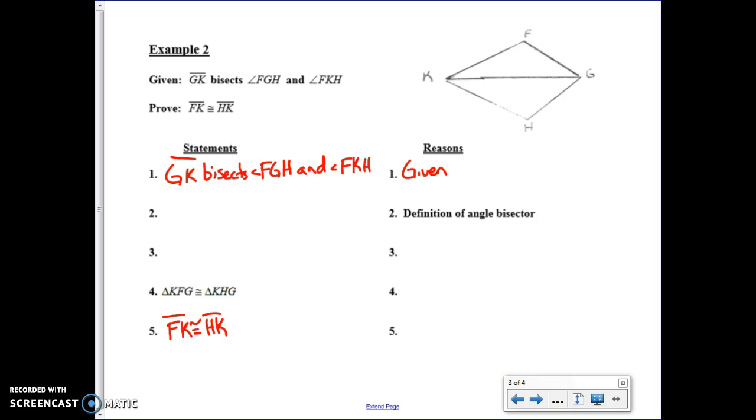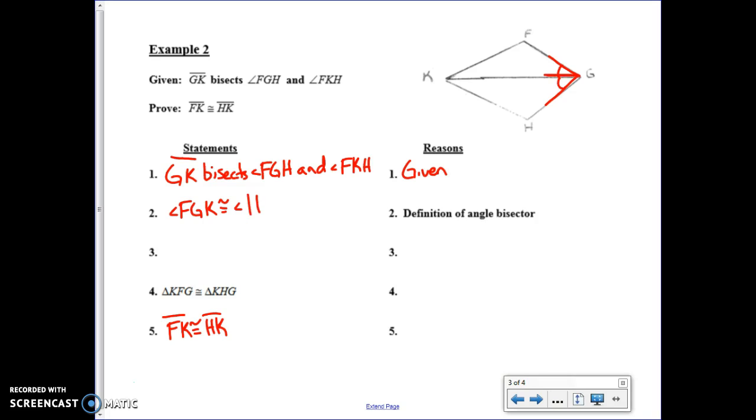So notice FGH is over here on the right-hand side of your triangle. Then these two angles, by definition, should be congruent to each other. So if I label those angles, I have FGK. So angle FGK is congruent to angle, and then I need to go to the bottom triangle, HGK.